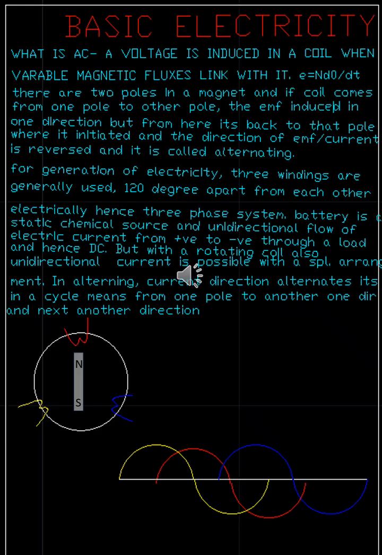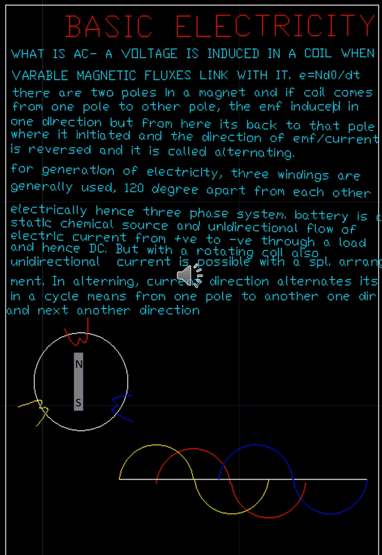But what is AC? We know that when a conductor cuts the magnetic flux and the flux changes, a conductor will move, an induced EMF will be induced, and its magnitude depends on the number of turns and the rate of change of this flux.